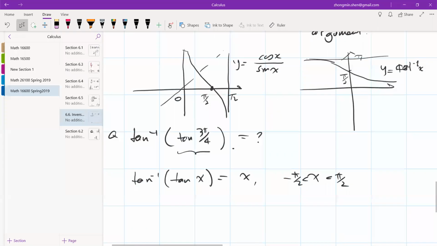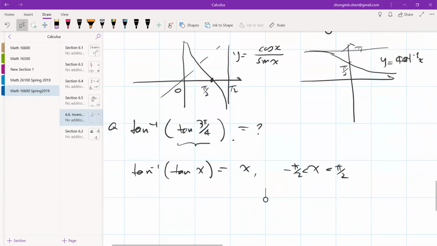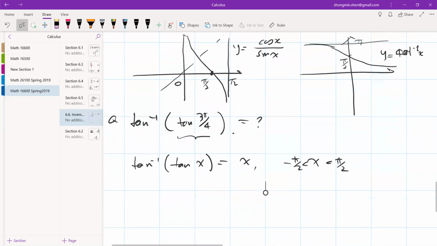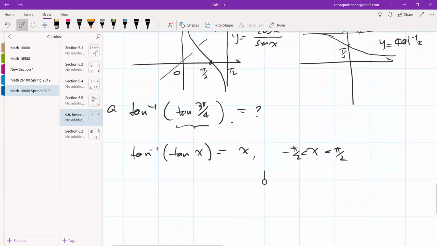So you cannot apply this to that problem because 3 pi over 4 is outside of this domain, okay? So in order to simplify it, you have to compute the one inside first, okay?